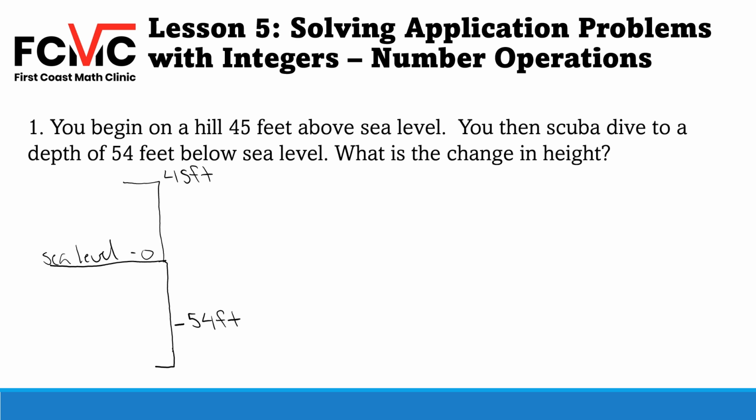So how are we going to find this? We want the change in height. So to find our change, we're going to subtract. So we could do our highest point minus our lowest point. So we've got 45 minus negative 54.